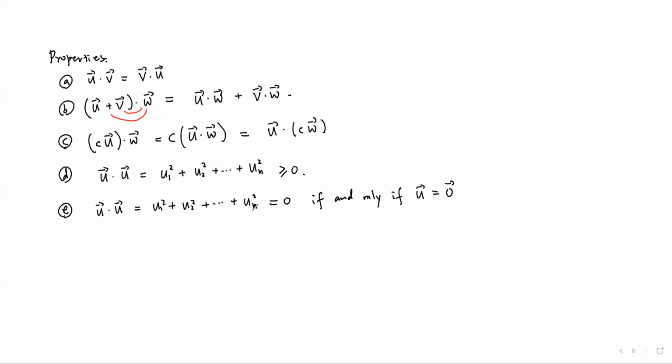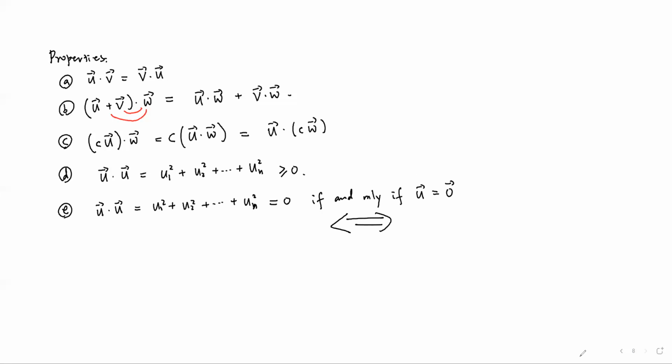That means that all the entries of vector u are 0. Conversely, if the vector u is 0, the 0 vector dot itself is the number 0. So we have if and only if, two directions. From here, we have this equation. From this equation, we have this equation.